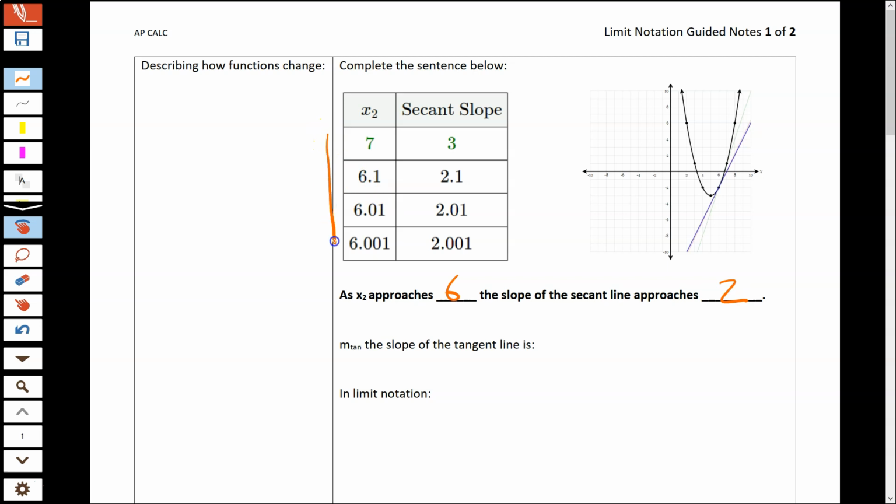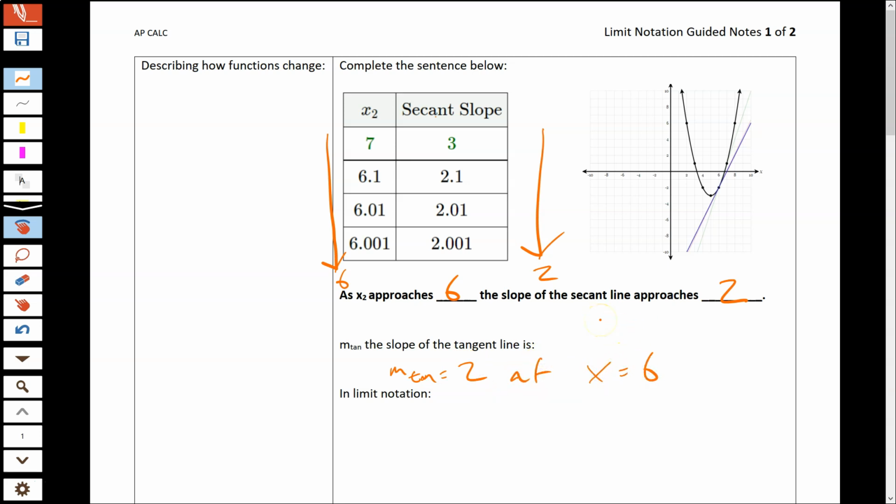That's pretty obvious just from how the table looks. These values on the left are approaching 6. These values are approaching 2. So if these are all secant lines, the tangent line has a slope of 2 at x equals 6.